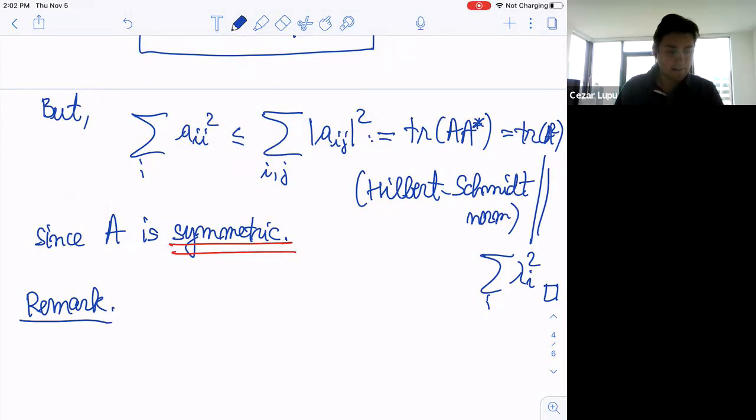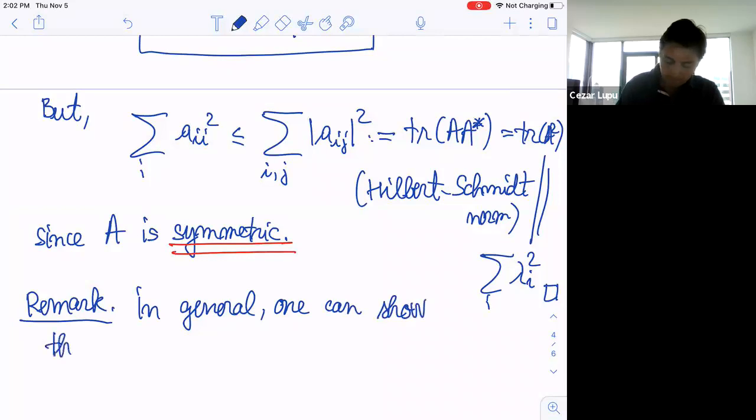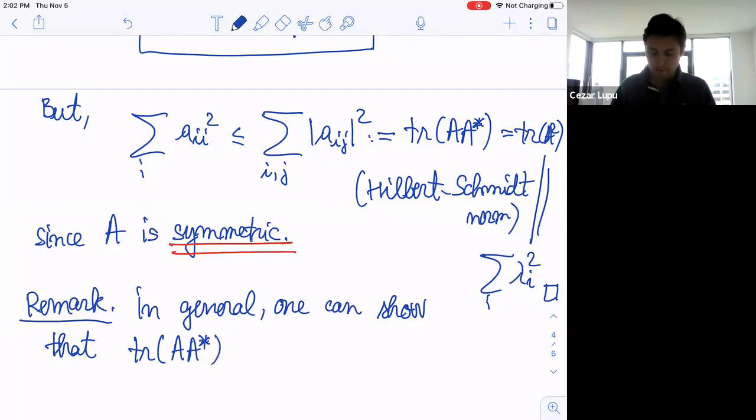In general, one can show that the trace of AA star, the Hilbert-Schmidt norm, is less or equal than the trace of A squared, when the eigenvalues are non-negative.